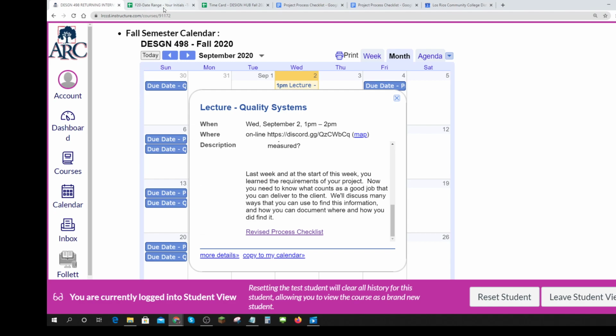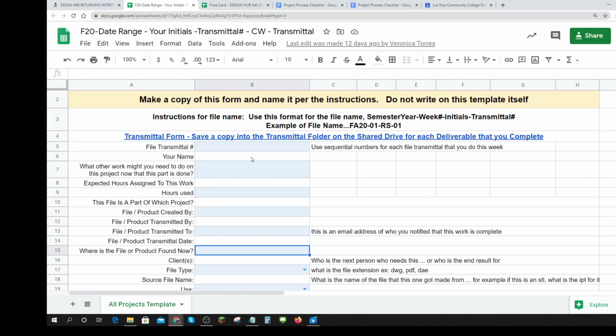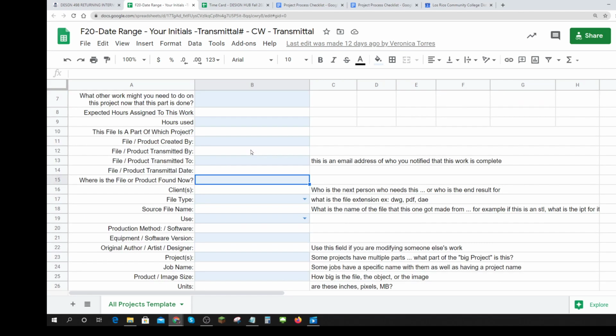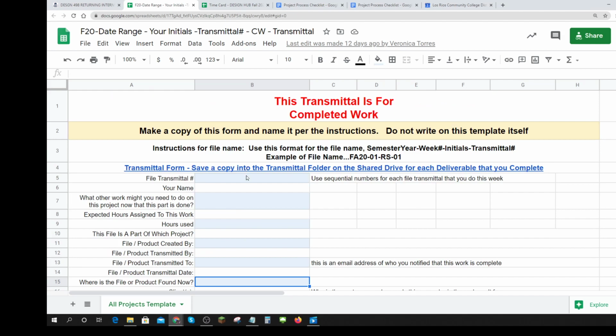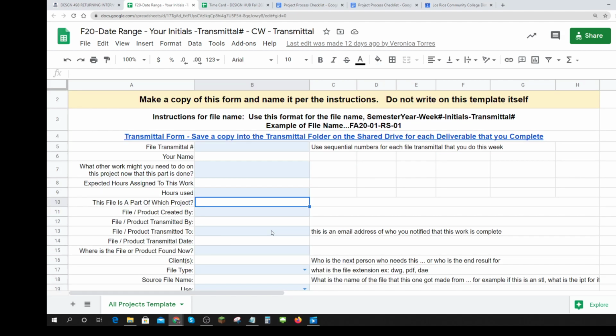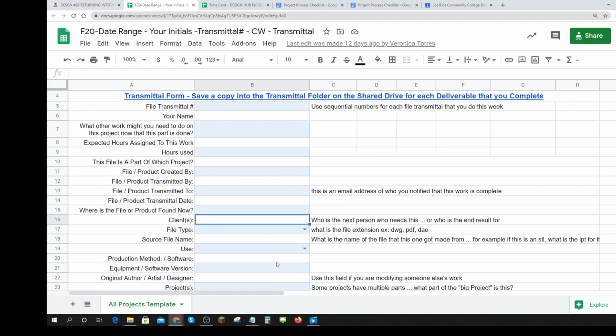Now, if you look at one of our transmittals, you'll see that this is a way for us to close the loop. A lot of the information on here is about that. What part of the project is it? Do you know your client? Do you know what got done here? Do you know if there's still more work to do?